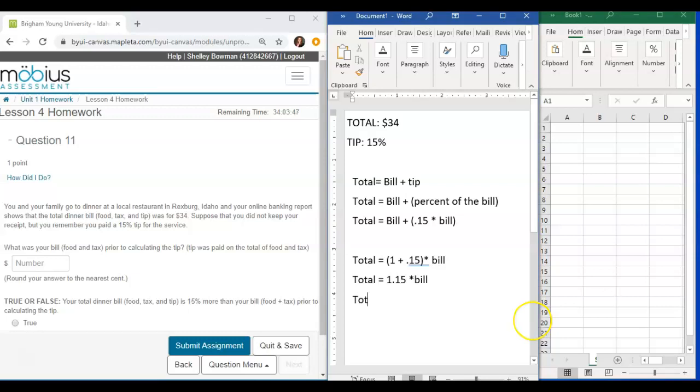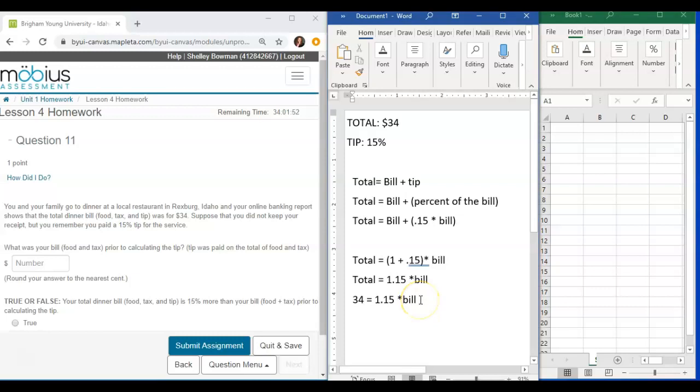And so I get the total is 1.15 times the bill. We're going to replace the total, since it told us that the entire total for everything was $34. So we'll put 34 here and then solve for the bill.